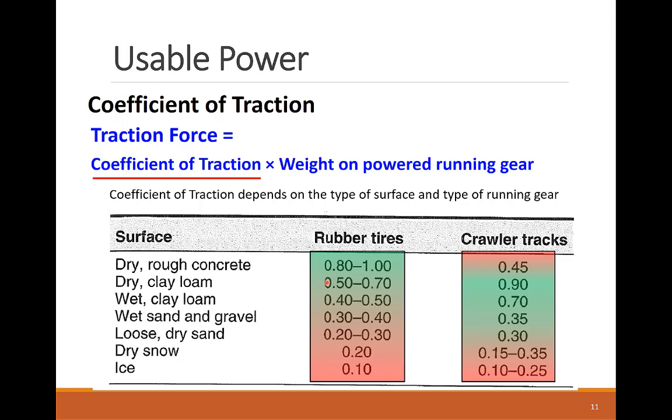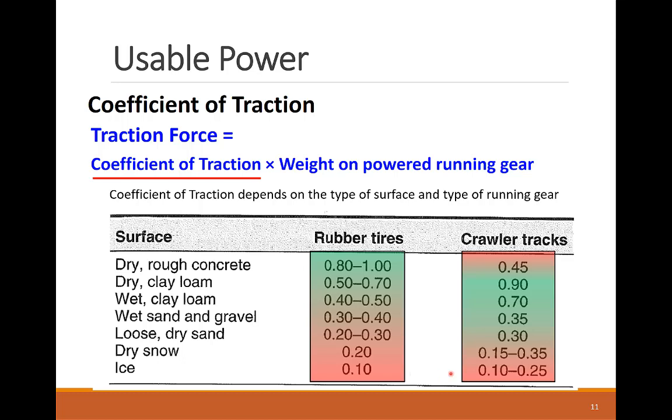This table from the textbook shows the suggested coefficient of traction values for the wheeled and crawler track-mounted equipment on different surface types. Of course, the lowest traction exists on ice. This is why we have more road accidents in the winter.